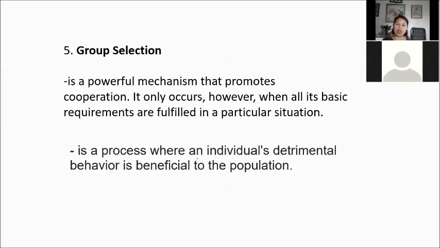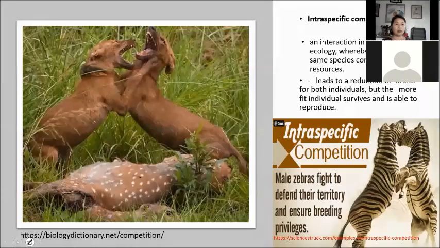So take note that an individual's detrimental behavior is beneficial to the population. That's group selection. Okay, so next is intra-specific competition. So this is an interaction in population ecology whereby members of the same species compete for limited resources.